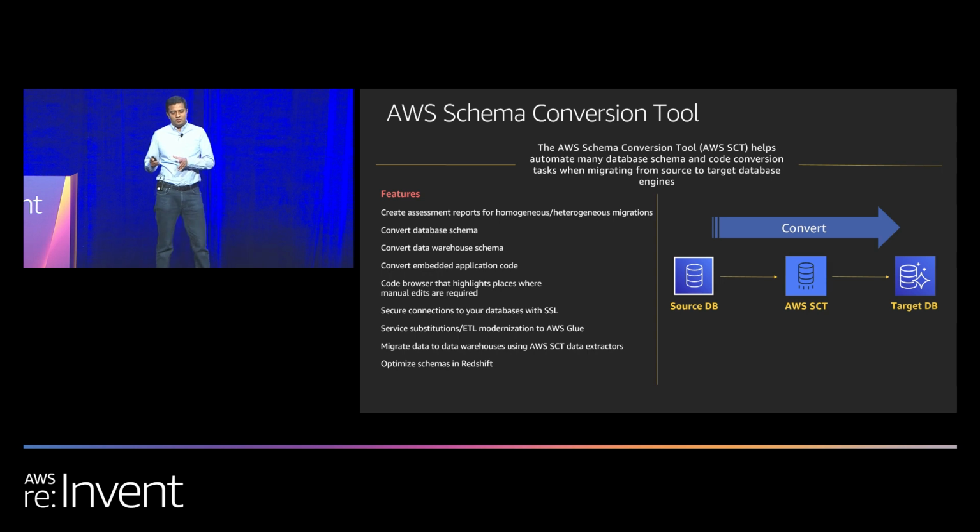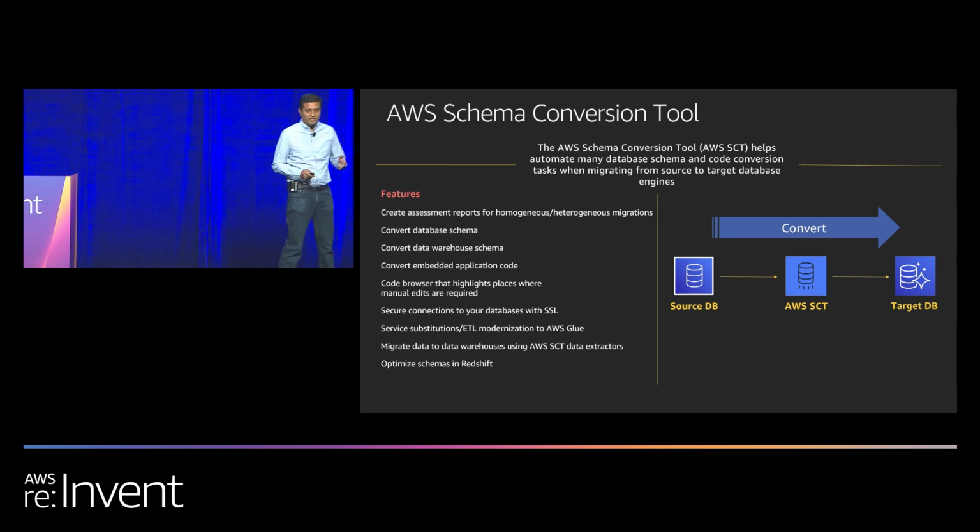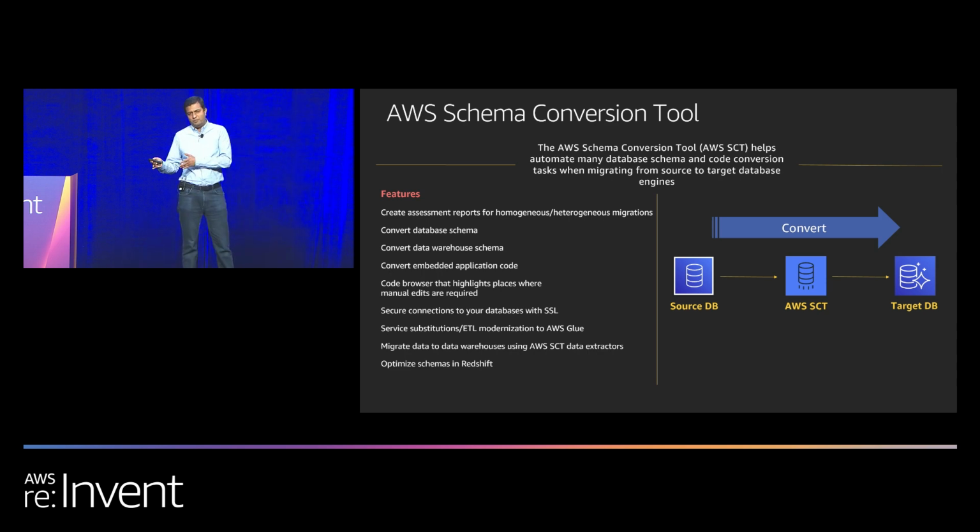Apart from conversion of these objects, it also takes care of conversion of application code, and wherever a manual rewrite is required, it highlights the places in the code browser. Service substitution: there are some capabilities or features at the source database which might not be present at the target.